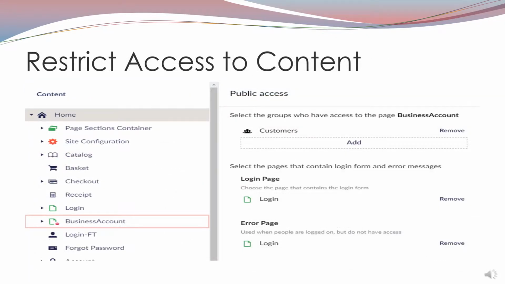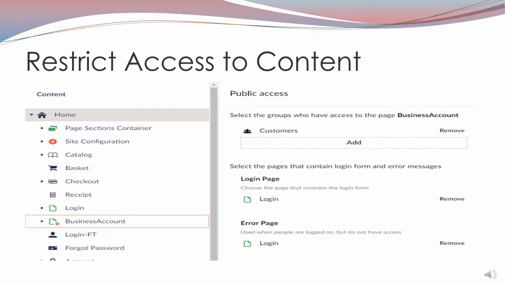Once you've created your new member type, you then want to create some content and restrict access to that content. In this example, we've created a business account page, and we modify the public access details for that page, and we identify who can access that page.